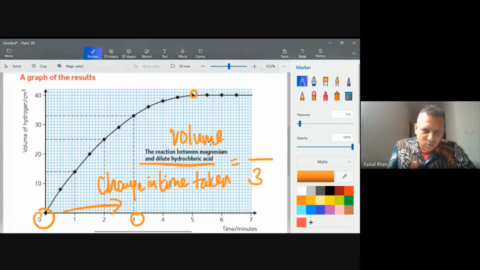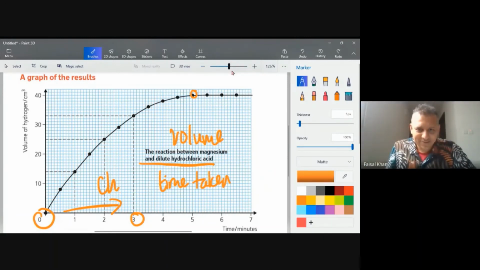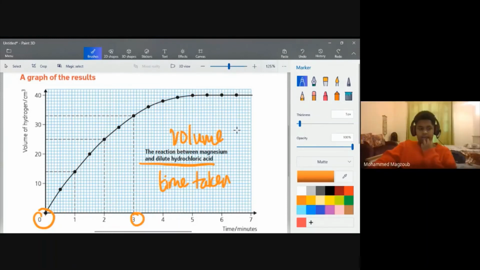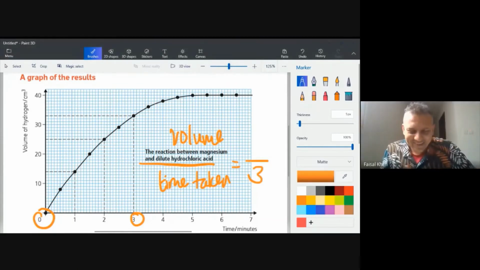Okay, but now what I need is the equivalent for volume. So you need to tell me what to do in order to get the equivalent for volume. I don't know. You do know, you can do it.